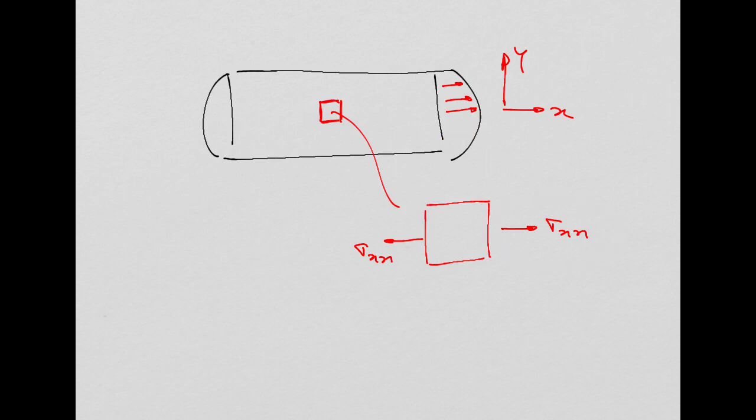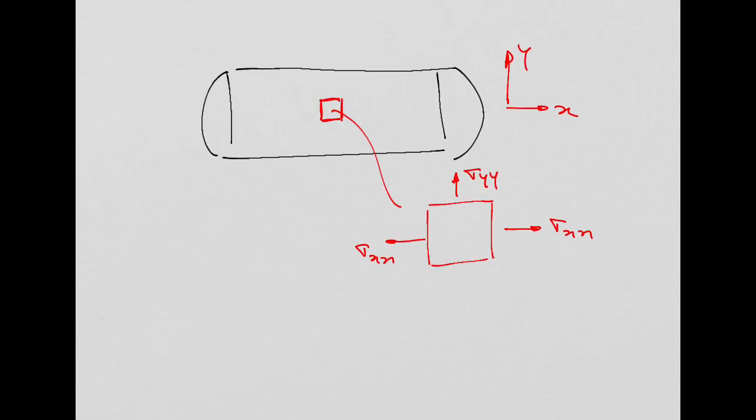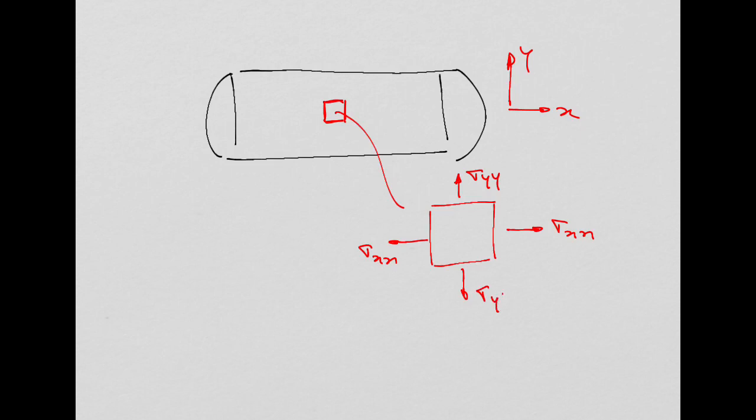But the pressure is also hitting these walls in the radial direction, and because of that you will have a sigma yy. Does it make any sense or not? Did you do pressure vessels in year 2, or you didn't know how to obtain these stresses?